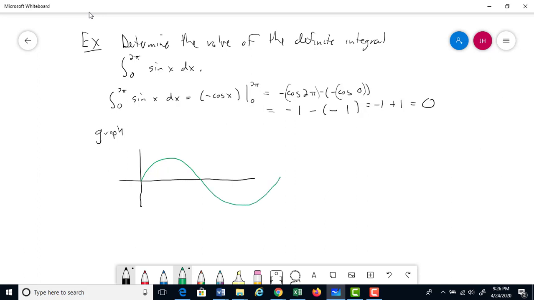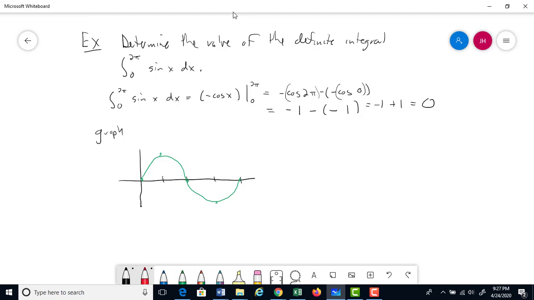So this is our sine function. Let's draw that a little better. I stink at drawing on this computer. There we go.